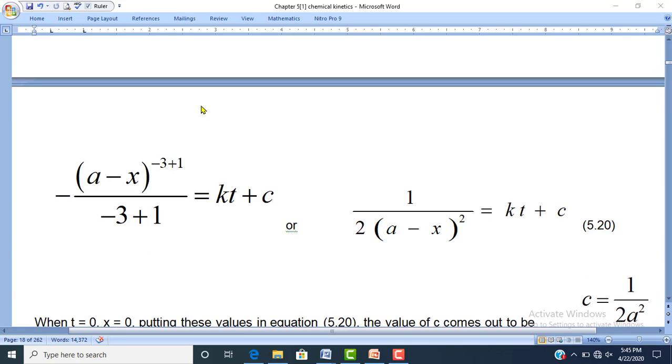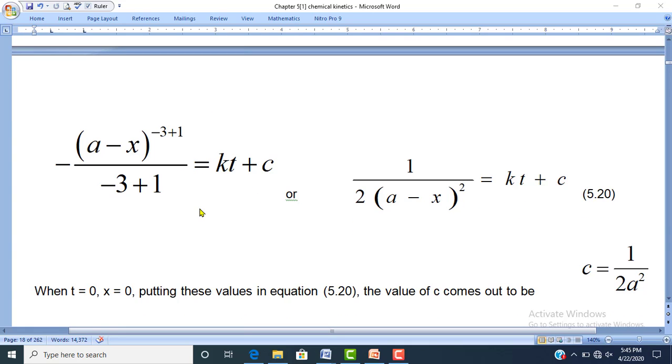When we apply the power rule to this equation, it becomes minus (a minus x) raised to the power minus 3 plus 1, divided by minus 3 plus 1, is equal to kt plus c. Or by further simplifying this equation, we get 1 over 2 into (a minus x) square is equal to kt plus c.